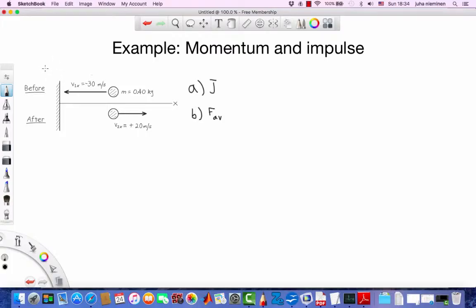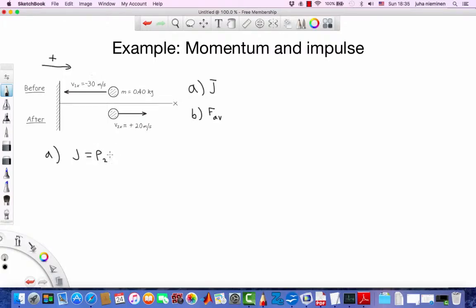The first thing in a momentum calculation like this, it's very important to define a positive direction. So we do it to the right. In that case, we can proceed and calculate the momentum. Let's just evaluate the magnitude first.